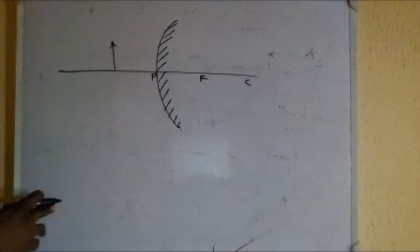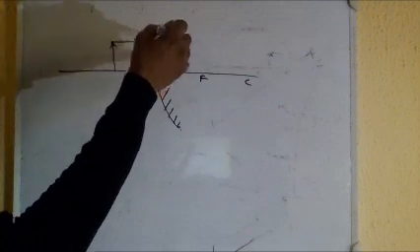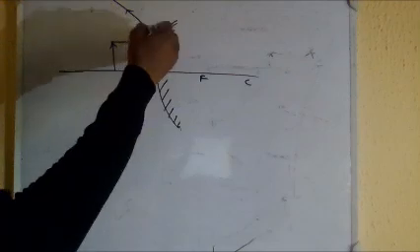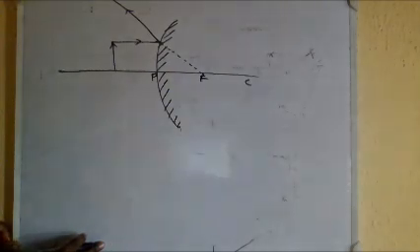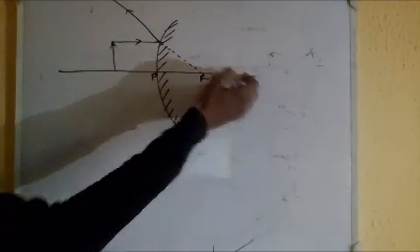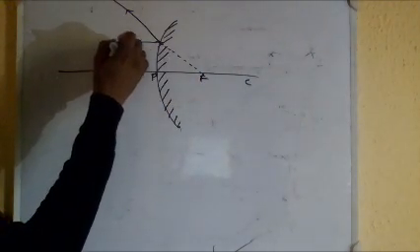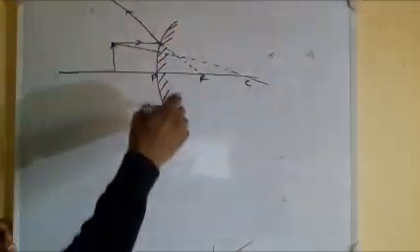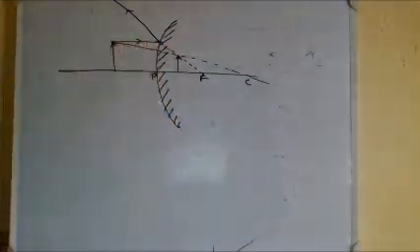The thing is that the ray of light hits this like this, and we say that it reflects, but it appears to diverge from the focus. So that's it. Then another one, we go and pass through the center of curvature this way. So the image is formed in between F and P, always.